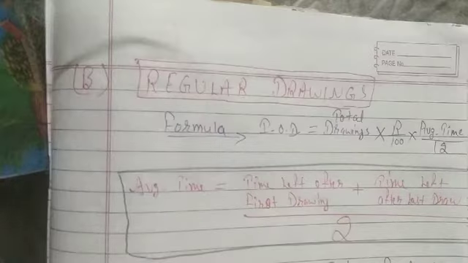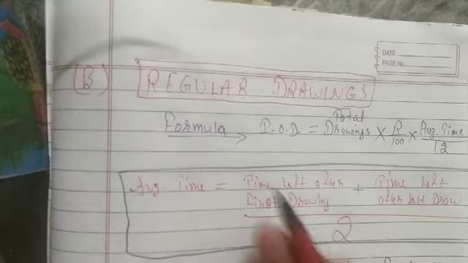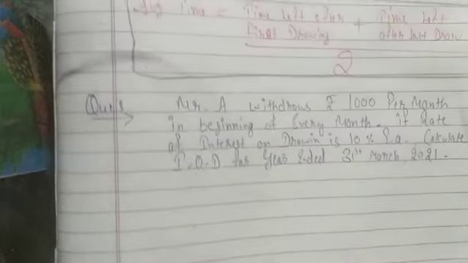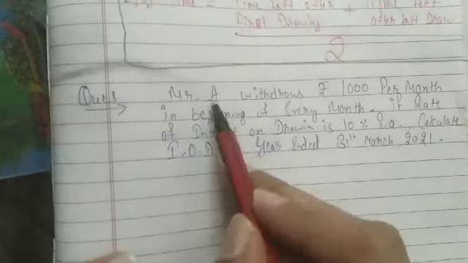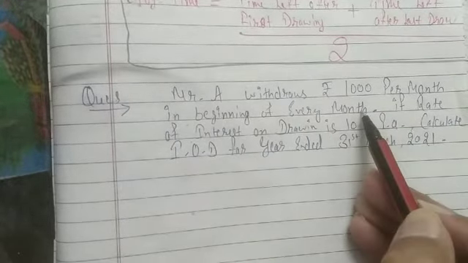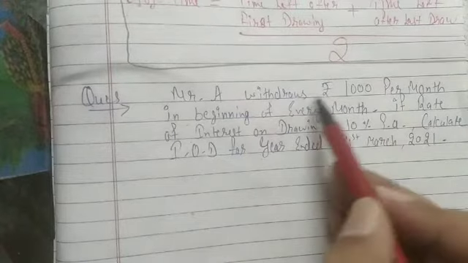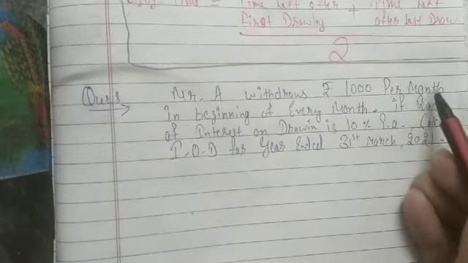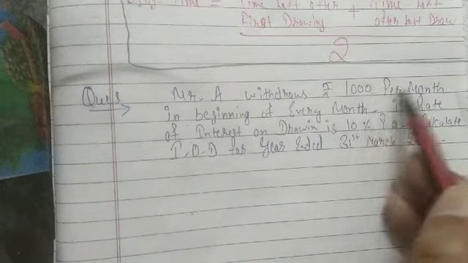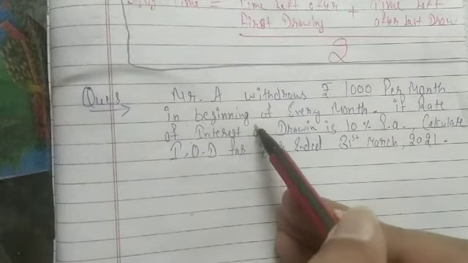Clear? So let's now take an example to understand the case of regular drawing. See the example. Mr. A withdraws rupees 1000 per month in the beginning of every month. So he is withdrawing 1000 per month, in the beginning of the month.